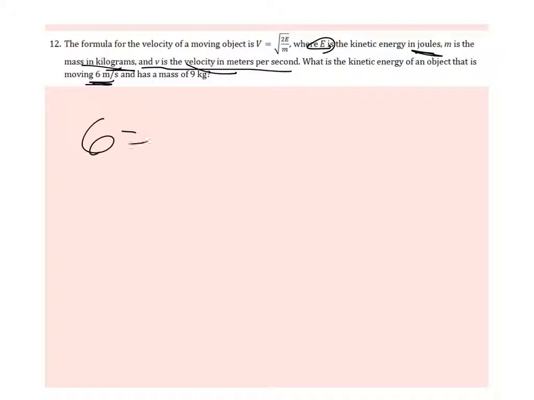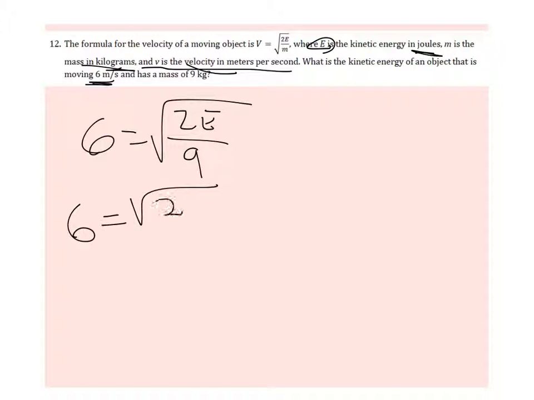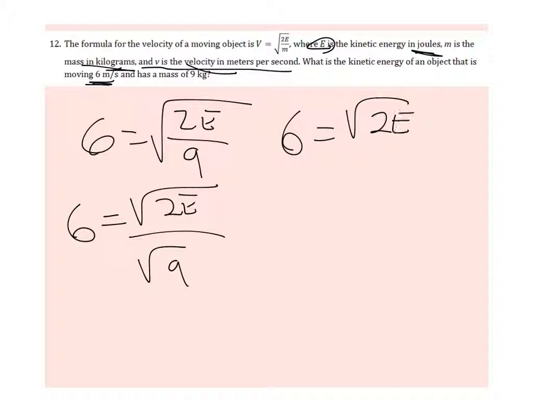So it's like 6 equals square root of 2e, because that's what we're looking for, over 9. Well, think here a little bit. The square root of 2e over 9 can be split up into square root of 2e over square root of 9. So that becomes 6 equal to square root of 2e, and then over 3. So then to solve, multiply both sides by 3.